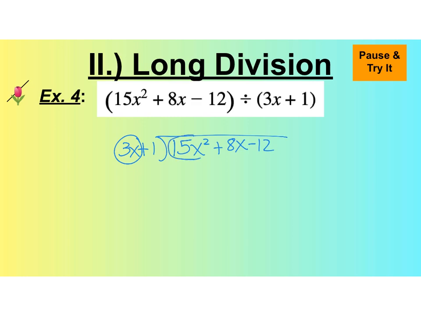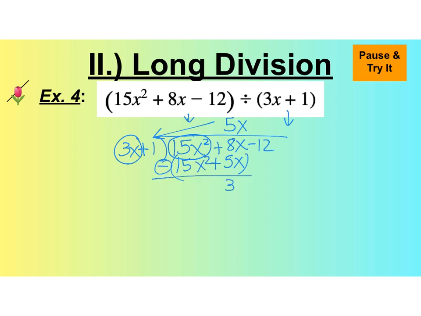3x, what do I have to multiply that by to get 15x squared? That would be 5x. Put it over my x column. I'm not going to take any points off if you happen to write it here, but you know you're done when you get to the end here, so you're a little closer if you put it in the x column. Multiply down diagonally, and I get 5x and 15x squared. We're going to subtract that whole group.